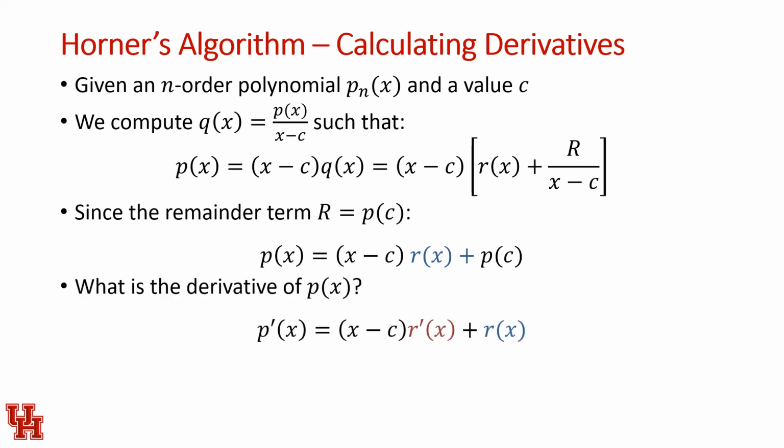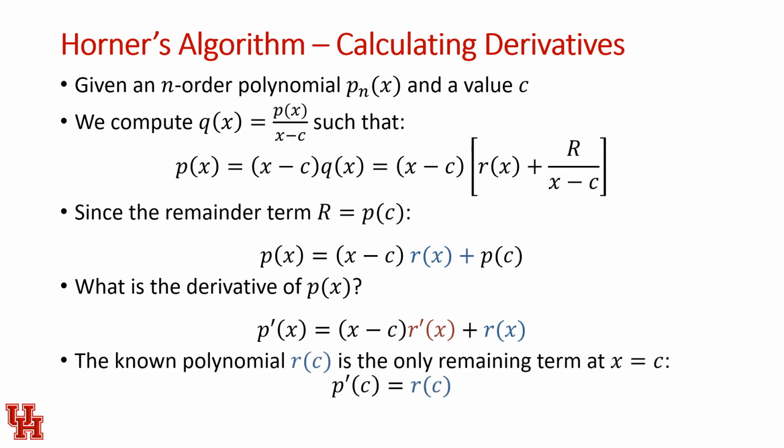If we calculate the derivative of p of x using the chain rule, we get x minus c times the derivative of the polynomial r plus the polynomial r. We lose the remainder term p of c because it's a constant with respect to x. Now, note that if we evaluate p prime of x at c, the derivative term r prime of c goes to 0, leaving r of c.